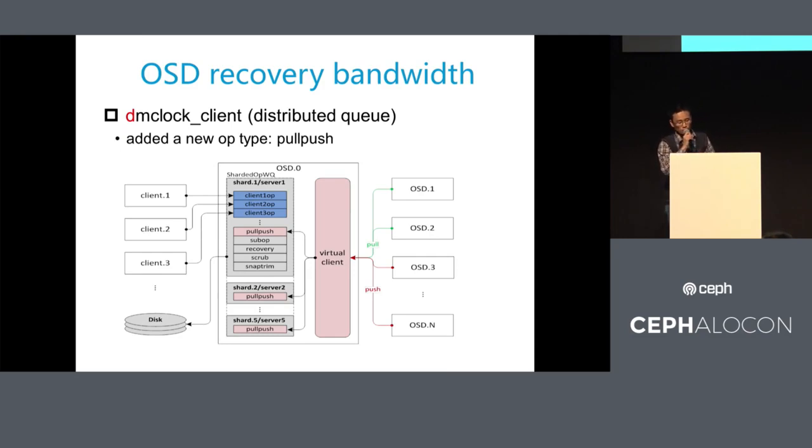All the pull push OP from other OSD are treated as from the virtual client. We can set the target recovery bandwidth for the virtual client. So there are these multi-sharded OP services working together to achieve the OSD's target recovery bandwidth.